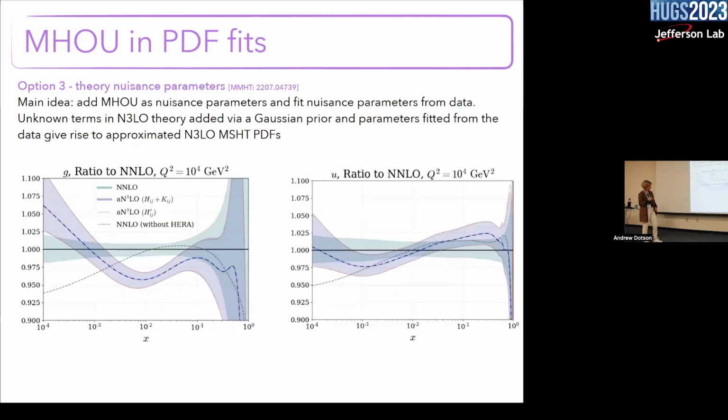Finally, option 3, which has now been used by the MSHT collaboration to include this sort of uncertainty and also start including the bits of the next to next to leading order that we know, is that you add the missing higher order uncertainty as a nuisance parameter, and you fit this nuisance parameter from the data.